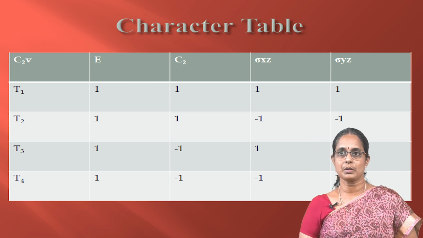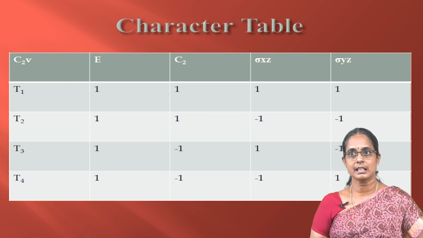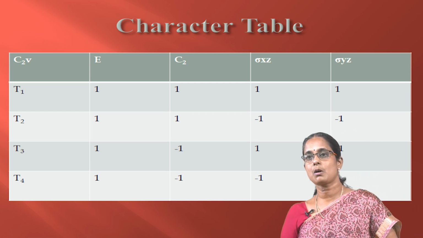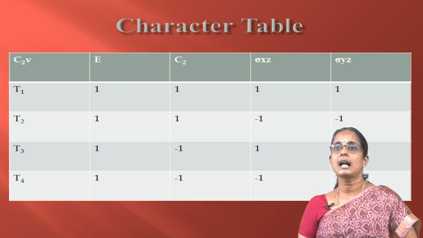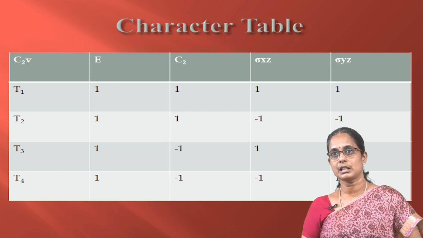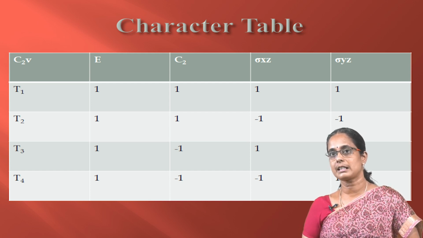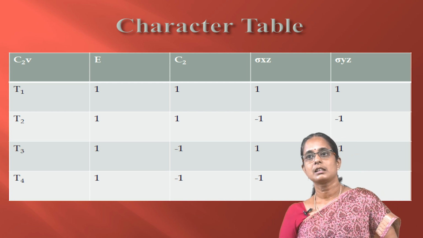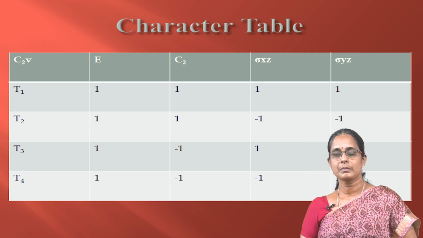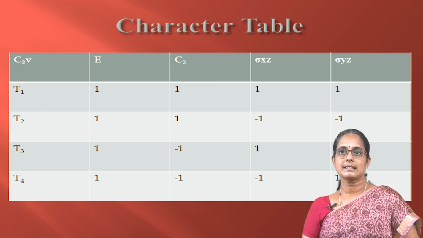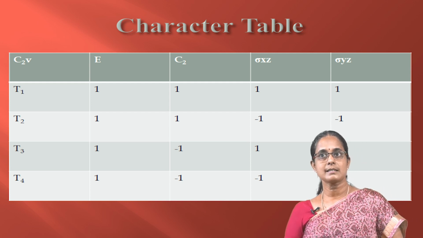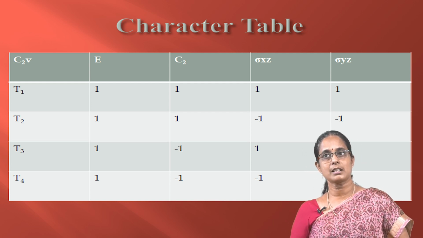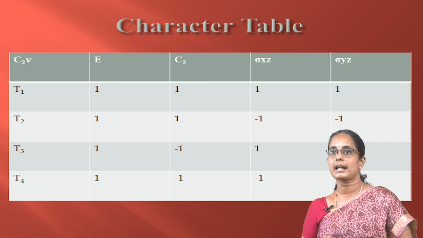That is C2v. E, C2, sigma xz, sigma yz are the symmetry operations of the point group, and T1, T2, T3, T4 are the irreducible representations. In T1, all the values are 1. In T2, E is equal to 1, C2 is equal to 1, sigma xz is equal to minus 1 and sigma yz is equal to minus 1.